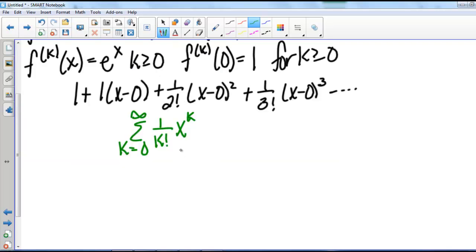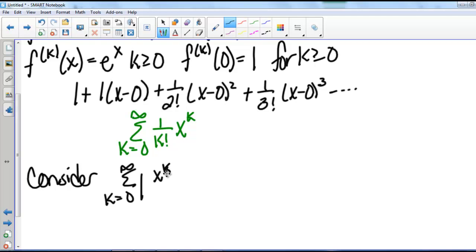So now we need to determine what our interval of convergence is. So let's consider the series k equals 0 to infinity of the absolute value of x to the k divided by k factorial. And we're going to use the ratio test.